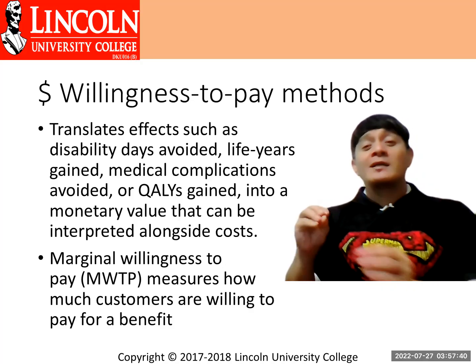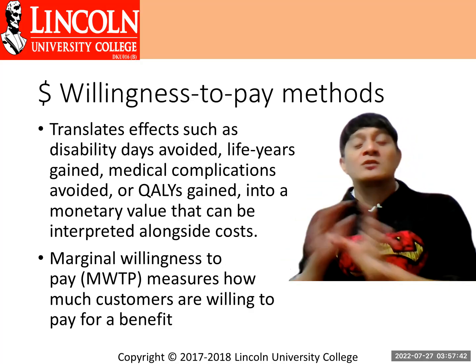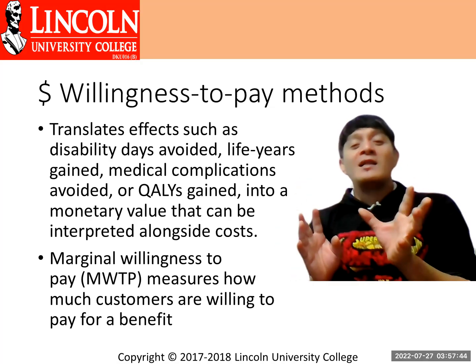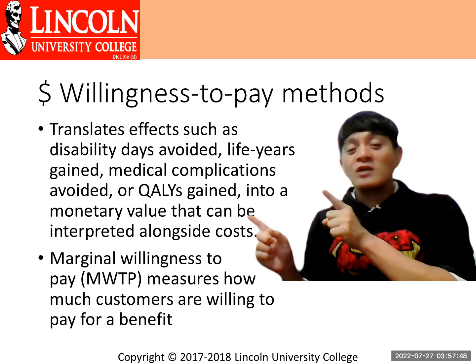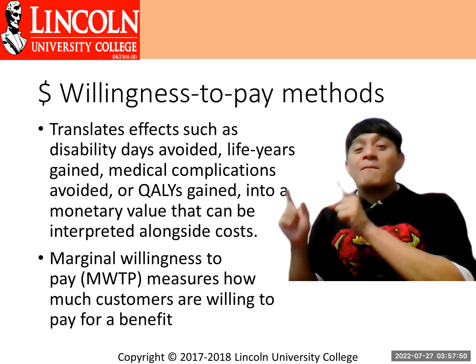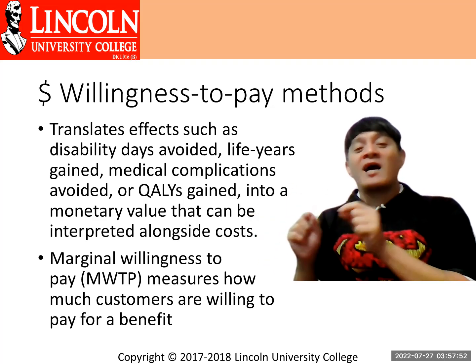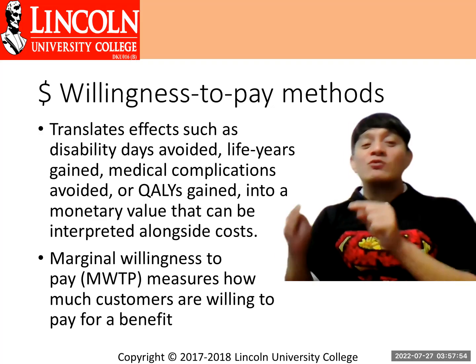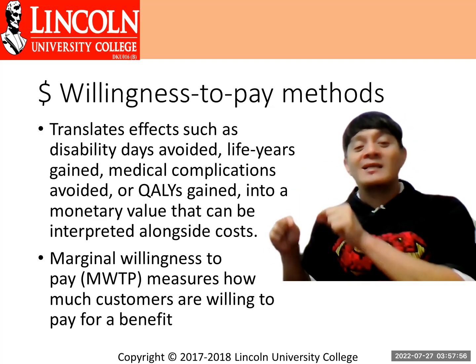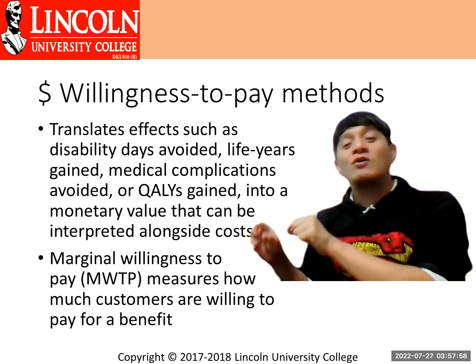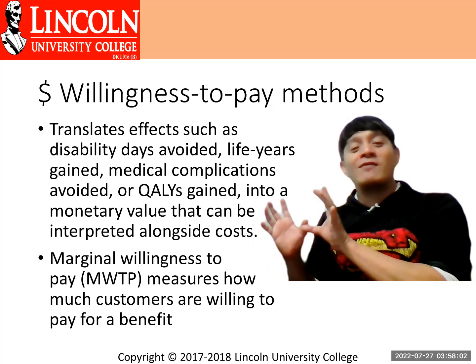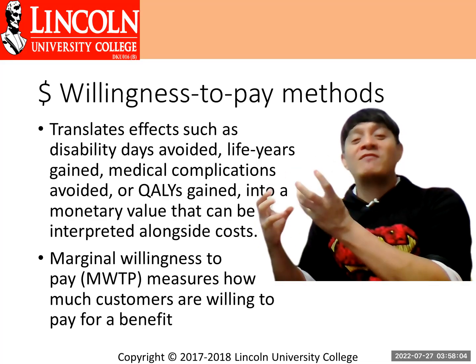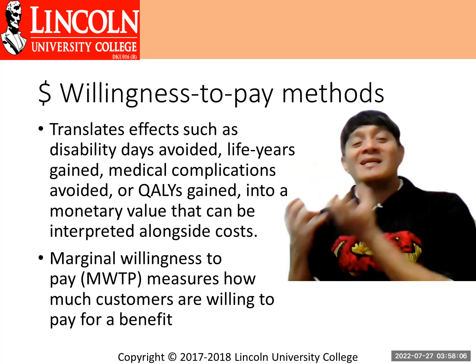For example, you have declared that you have diabetes, then you are disqualified from any benefit of diabetes occurring, because they want quality adjusted life years gained into a monetary value that can be interpreted alongside cost. The longer the quality adjusted life years, the more benefit the insurance company gets.